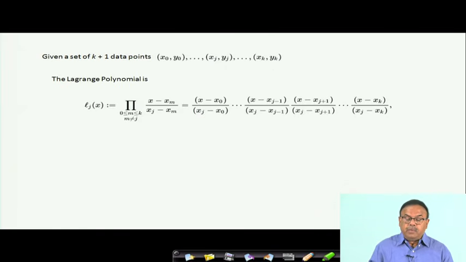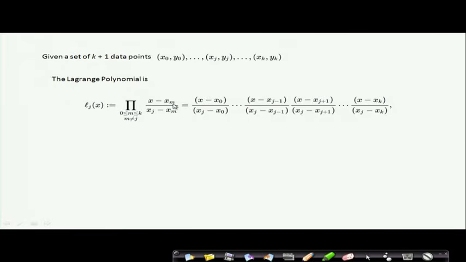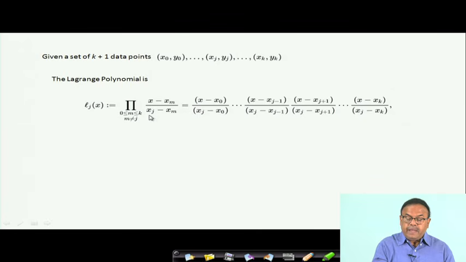The Lagrange polynomial is this, that is multiplication of. So, I have to find out for a particular x, x minus x m divided by x j minus x m, where m is varying from 0 to k. For all these, m is varying. So, x 0, x 1, x 2, x 3, for all these I will do that, and x j minus x m, where j is for a particular Lagrange interpolation.